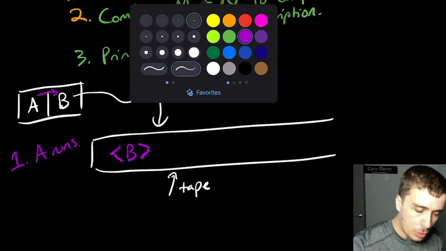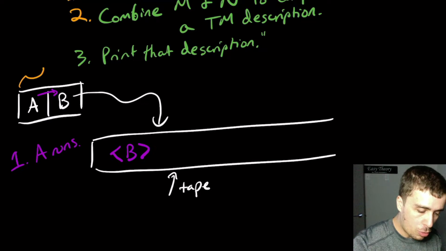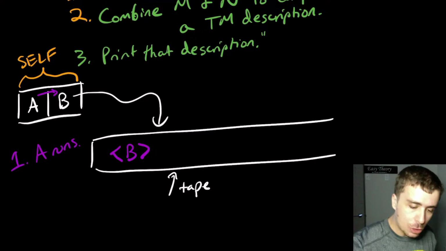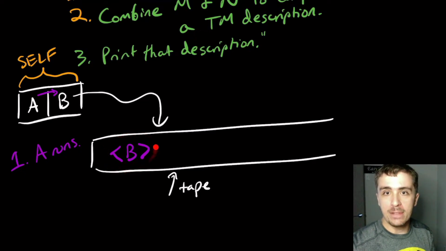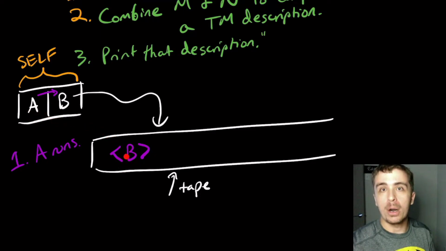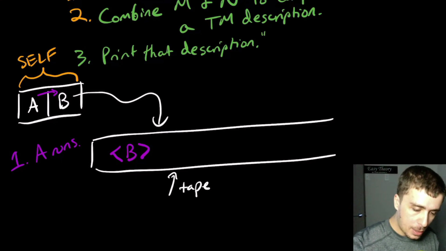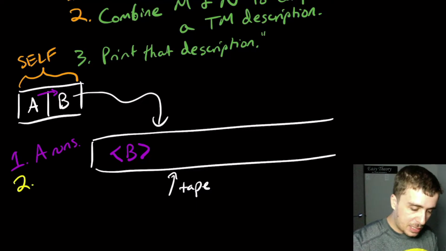One thing to note is that this whole thing right here is the self machine that just prints itself. We haven't actually achieved that at this point because we have the B machine and that's it. We need the A machine here in front of the B part, but we'll eventually get there. Okay, so then now the machine B runs.